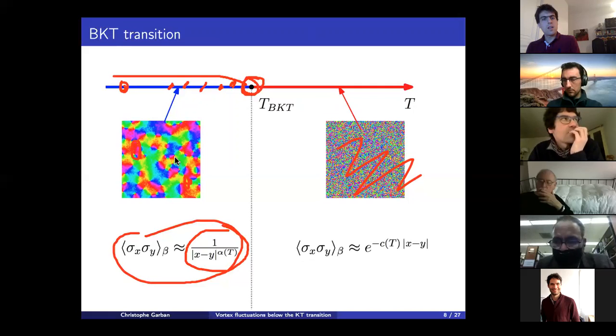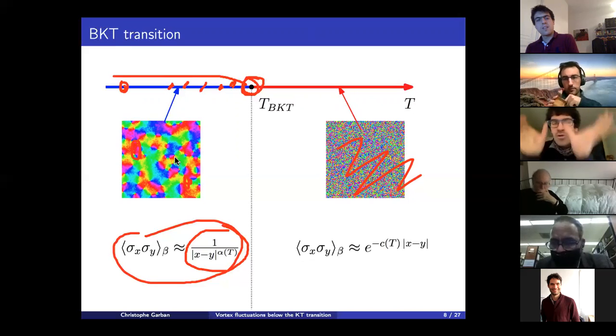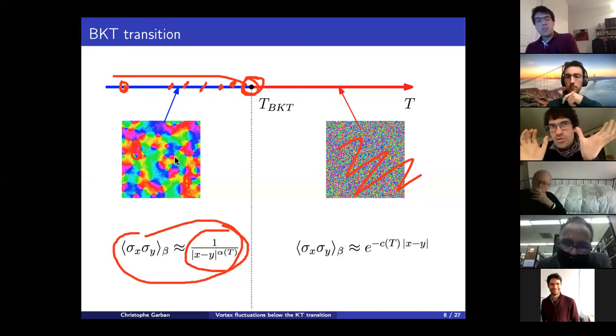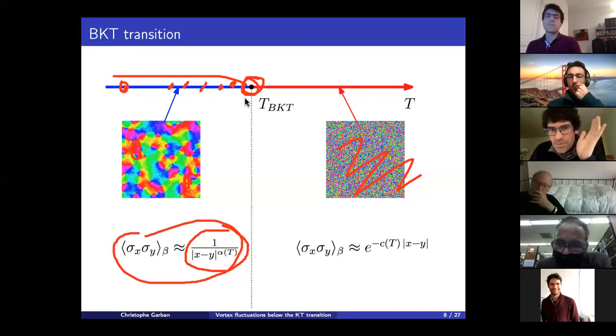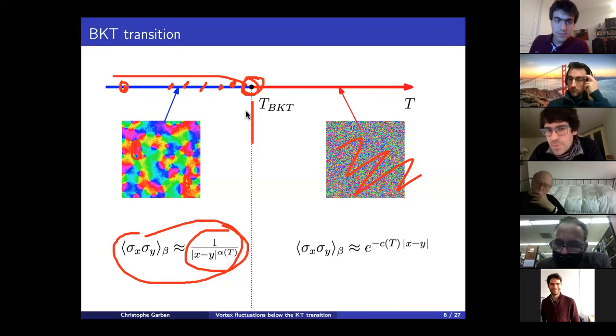I think I see what you mean. So I guess it's not quite like in the phi-4 model where you have the double well. There may be some links with that, but as far as I understand, the critical beta has to do with 8 pi.